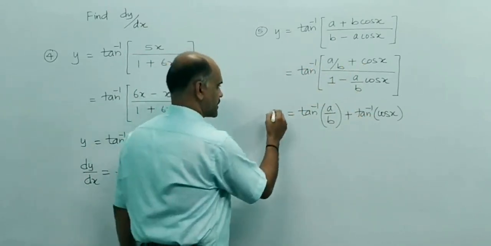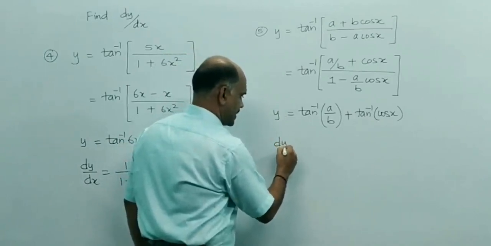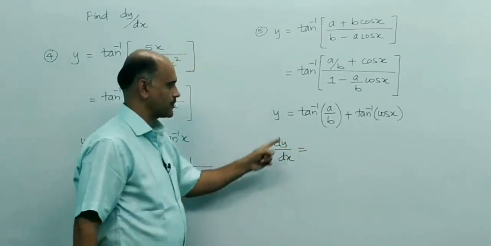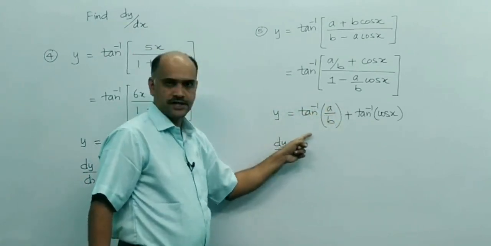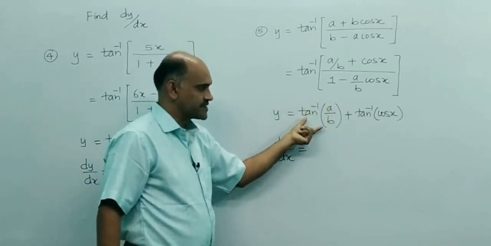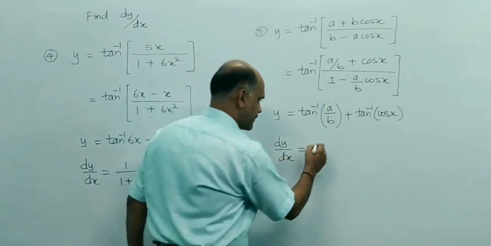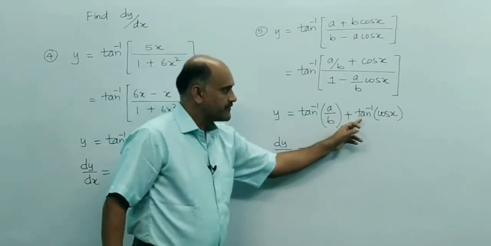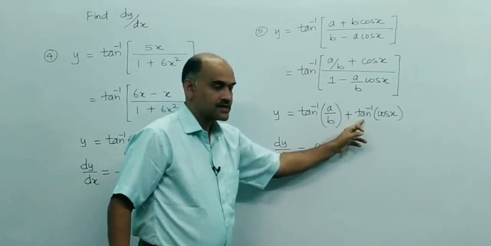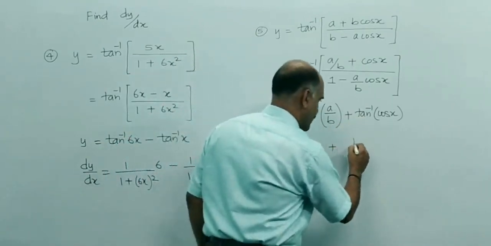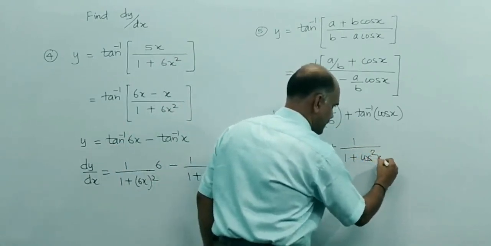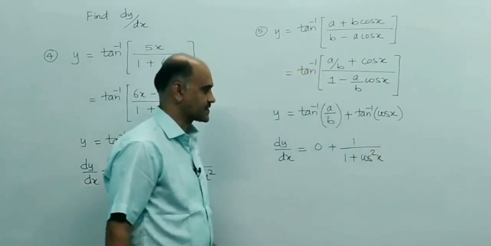Now you differentiate. So dy by dx is equal to, this is a constant, so differentiation of constant is 0, plus. Now you differentiate this tan inverse. So I will have 1 by 1 plus cos square x, that is (cos x) square.